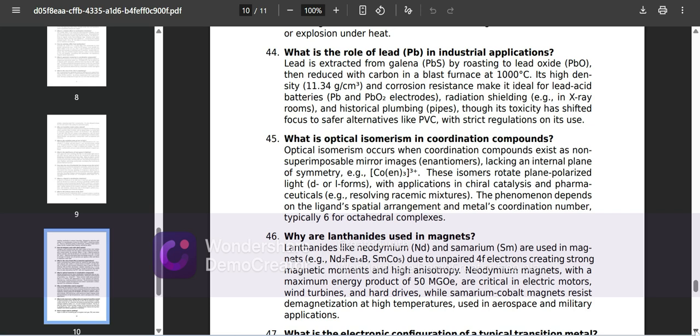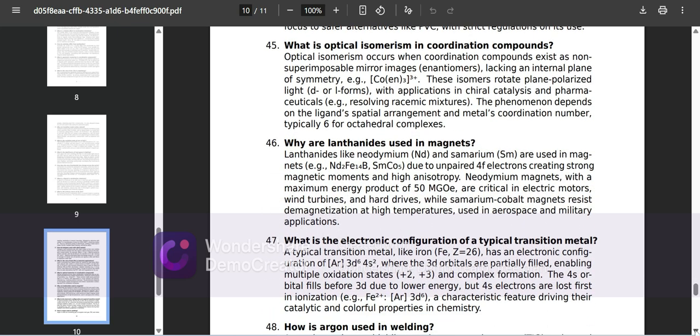Its high density, 11.34 grams per cubic centimeter, and corrosion resistance make it ideal for lead-acid batteries, with Pb and PbO2 electrodes, radiation shielding, for example in X-ray rooms, and historical plumbing pipes. Though its high toxicity shifted focus to safer alternatives like PVC, with strict regulations on its use.